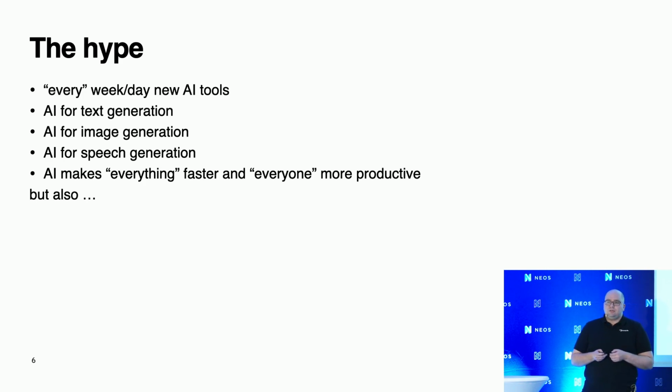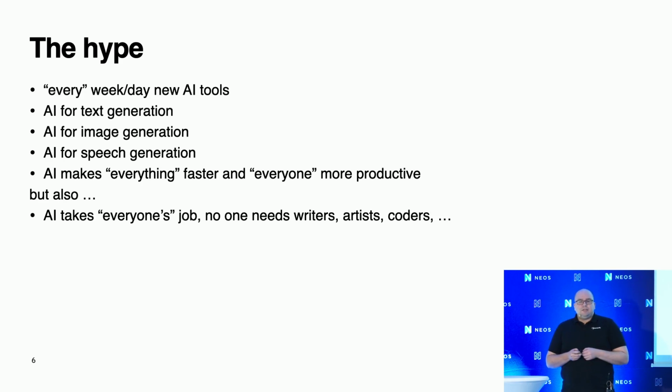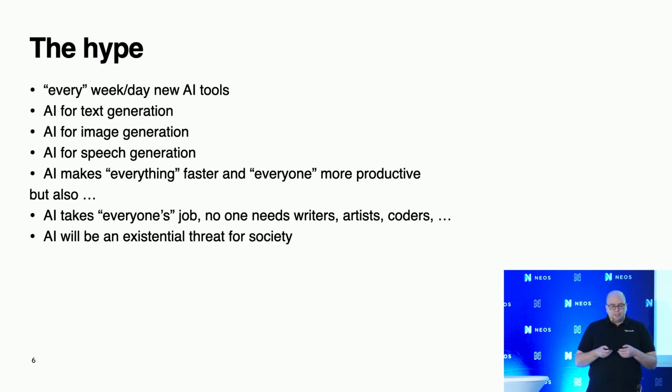But there is also a negative side to it all. If there is AI that can write text, who needs writers? If there is AI that makes really beautiful pictures, who needs artists? And if there is something like GitHub Copilot, who needs coders? So there is fear, sometimes really exaggerated, sometimes a feeling that AI will be the next threat to society.